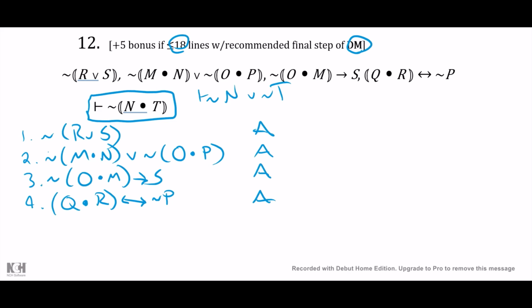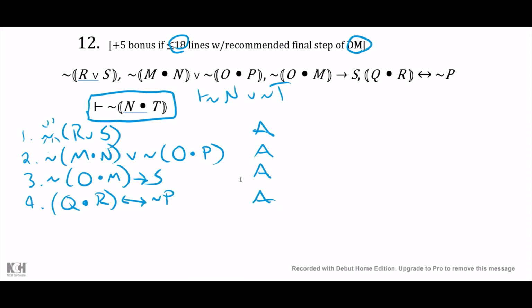Now, in terms of looking at what I've got here and getting a plan of attack, we'll take a look. Can I apply the law of distributivity? Doesn't seem like I can do that off the bat. But take a look. Do I have any squiggles on the outside anywhere?